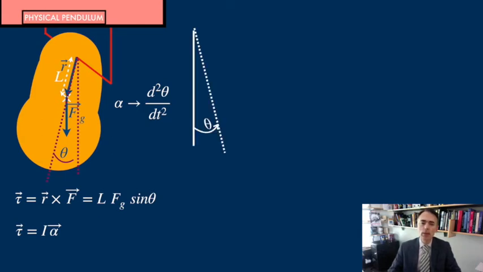Look that when the angle is positive, the acceleration is negative. When the angle is negative, the acceleration is positive. This is, the acceleration points opposite to the angle. The force points against the angle.